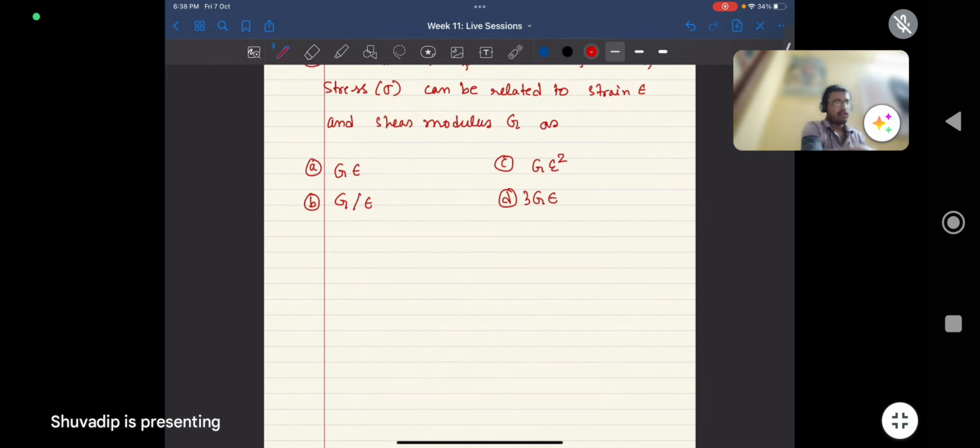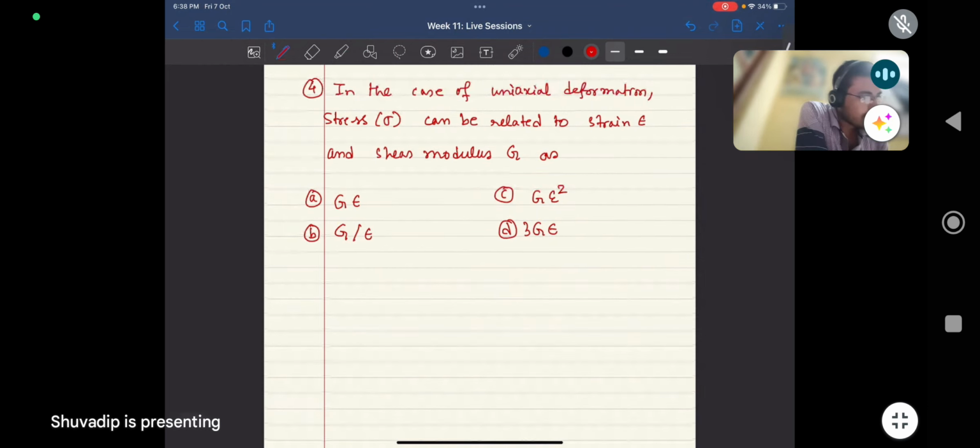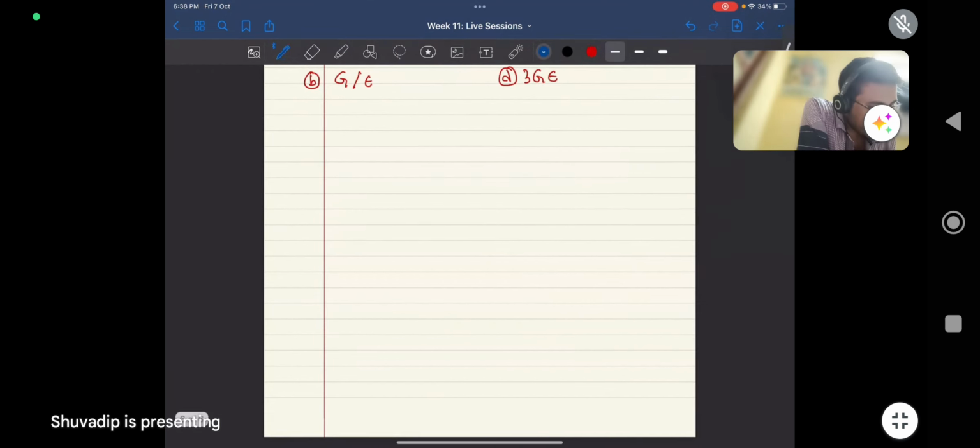Okay, so the idea of this problem is quite the same as the previous one. Suppose you have one volume like this and you deform this volume in one direction. So that's the idea of uniaxial deformation. In one direction you have deformed this by putting some stress sigma.